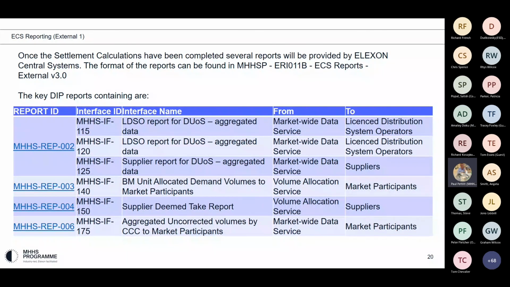But if you look at the interface specification, there is a note that it is still under discussion and the information will come out as part of the detailed design, depending obviously on the service provider award of contract. But I don't believe it's coming from MDS. It will be held in the DIP. Thanks, Paul.